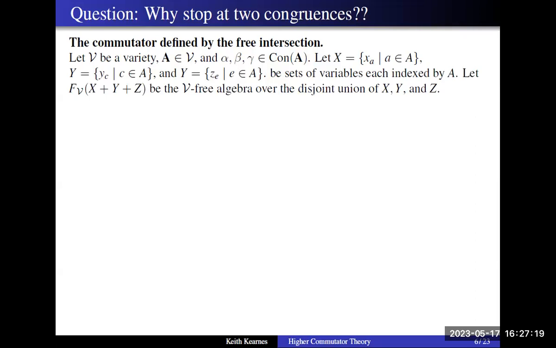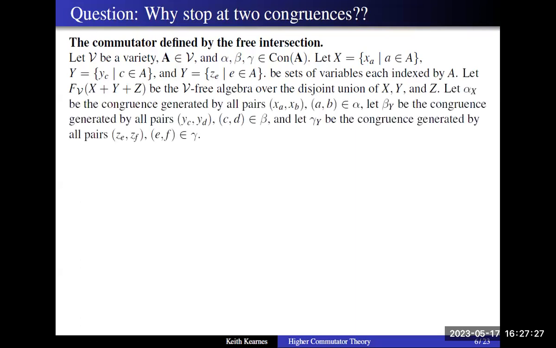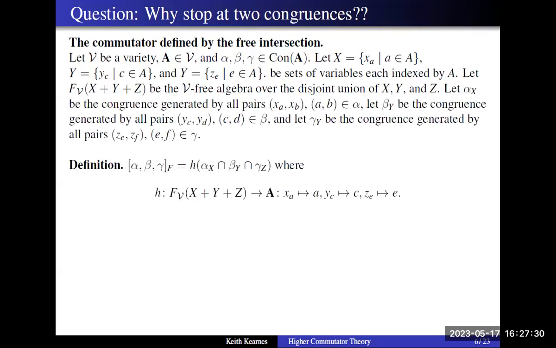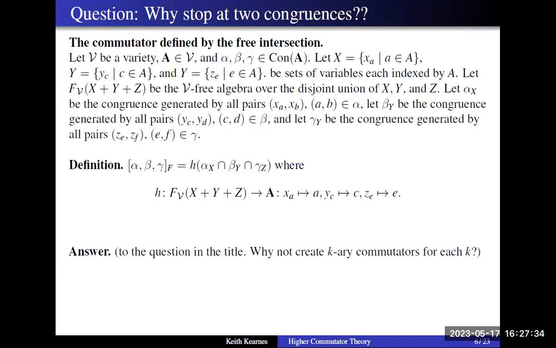Then I take my beta, I put an equivalence relation on Y that looks like beta, generate a congruence. And then with gamma, I do that on Z. I intersect the results, and then I map it forward back to A once I've intersected it, and I define a ternary commutator. Okay, it's easy to do.